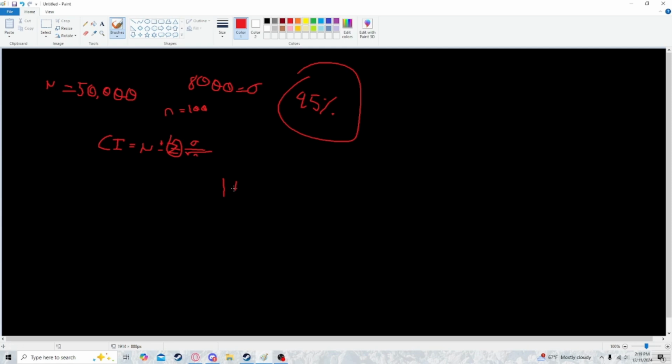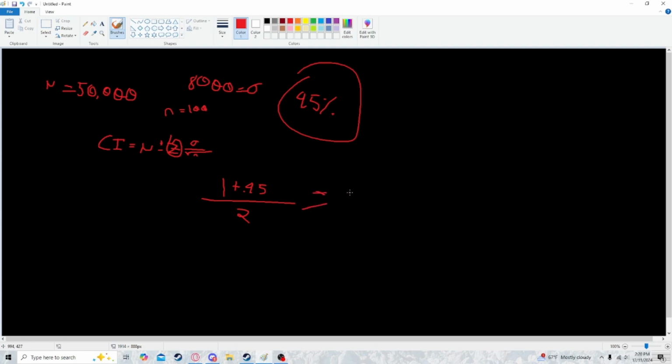We take 1 plus the confidence level, which is 95, which is going to be 0.95 because it's a percentage, over 2. That's it. So this is 1.95 divided by 2. Okay?